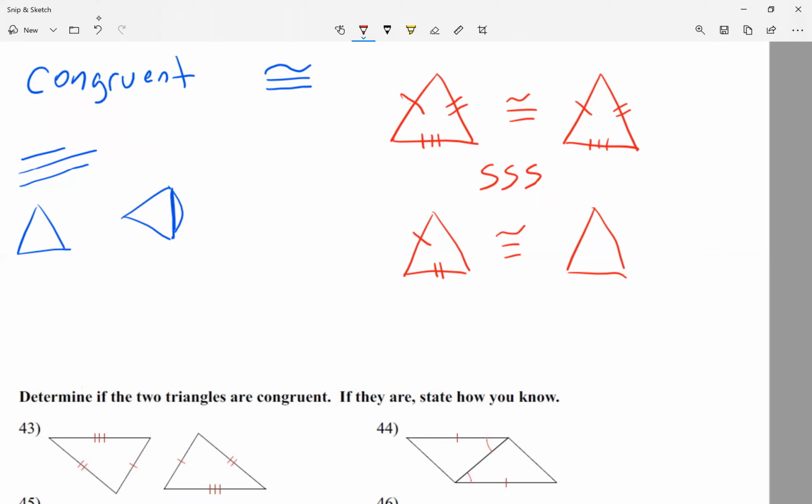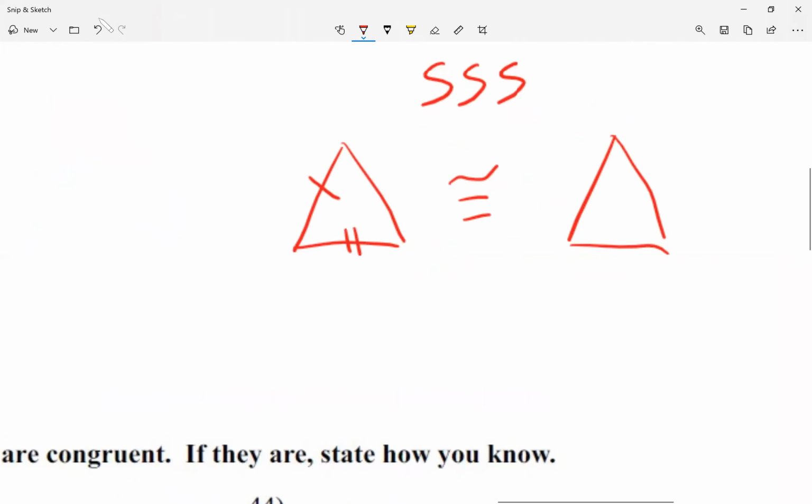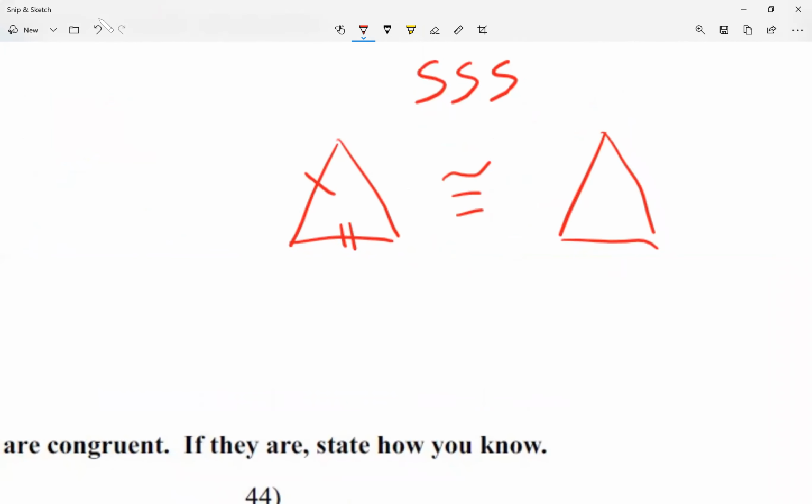Keep in mind, I use the word included angle. So it's not just any angle, it's the included angle. The included angle is basically the corner where these two sides meet. So it's going to be this corner. Notice how the two sides that I marked meet at that included angle.